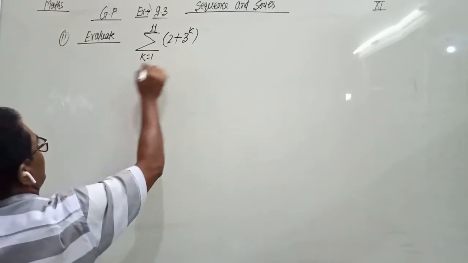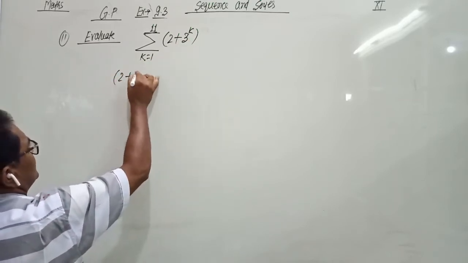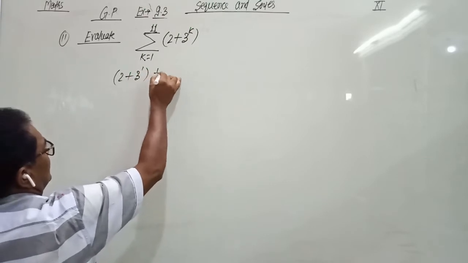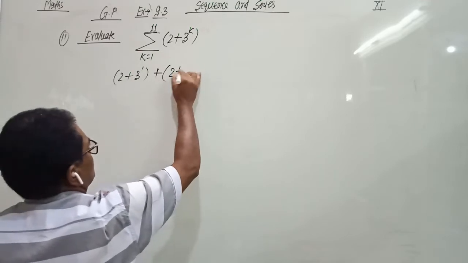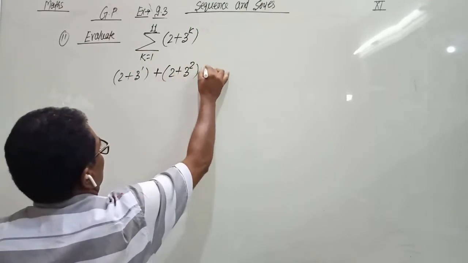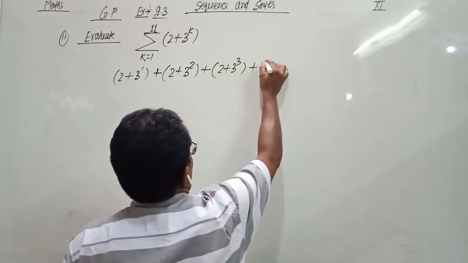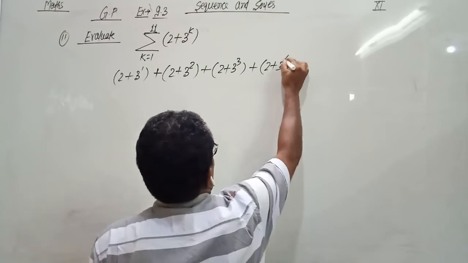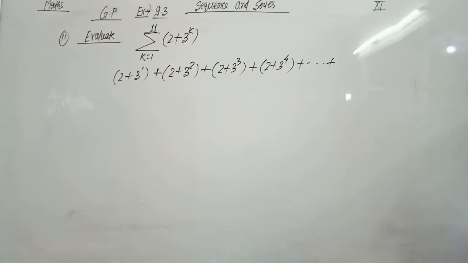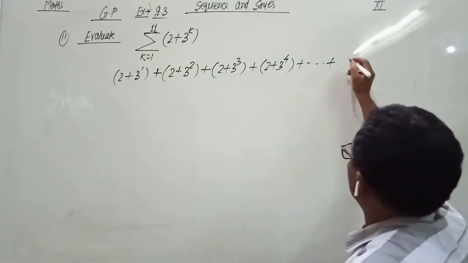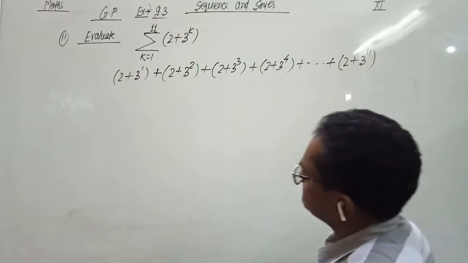So the series becomes, when we put k equals 1, 2 plus 3 raised to the power 1, then plus, putting k equals 2, 2 plus 3 raised to the power 2, then 2 plus 3 raised to the power 3, plus 2 plus 3 raised to the power 4, plus and so on. For the last value of k, we put 11, so it becomes 2 plus 3 raised to the power 11.